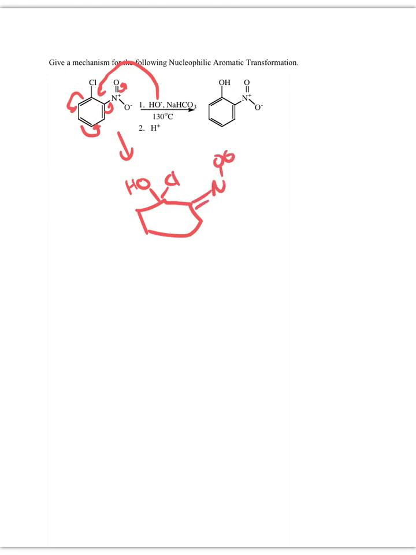And then the last one here is draw a mechanism. Send the electrons all the way through out onto the nitro. And then send the electrons all the way back, kick out the chloride to get the alcohol with the nitro.